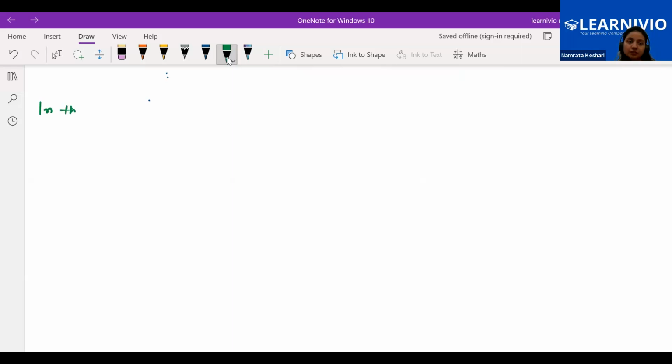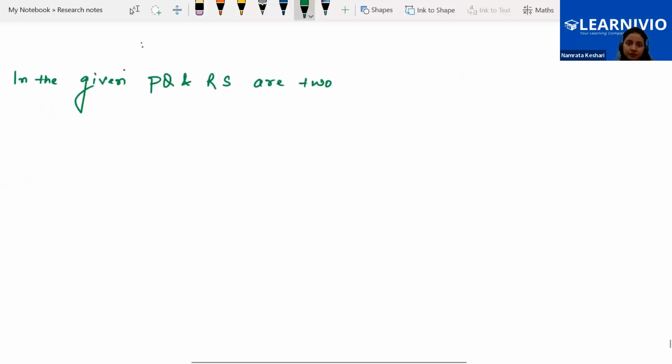In the given figure, it's chart. The previous one is clear or not? Yes, ma'am. PQ and RS are two mirrors placed parallel to each other.